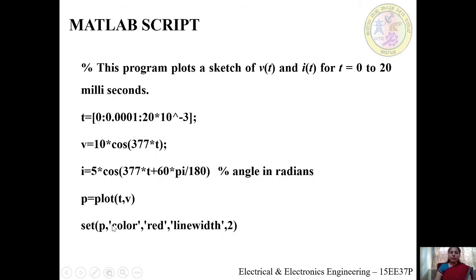So property value I'm just using color, and then I'm saying red. Then I'm going to change the line width also. So I have used this line width, and I'm giving the value for it as 2. So in the plot you're going to see it like this.